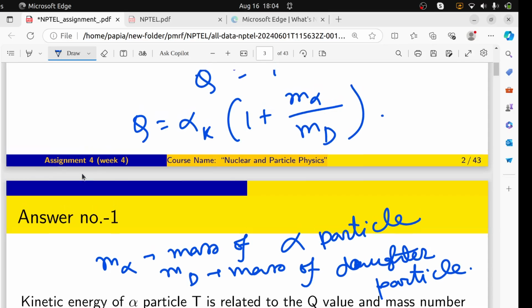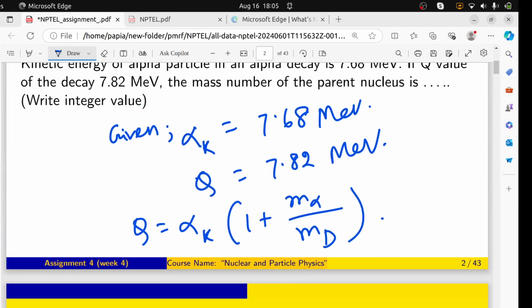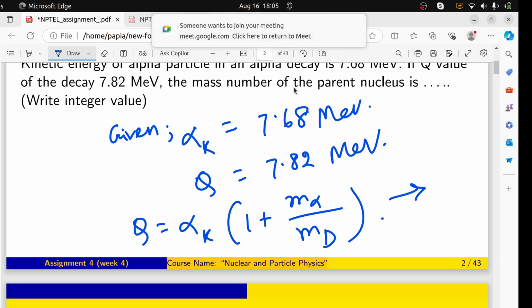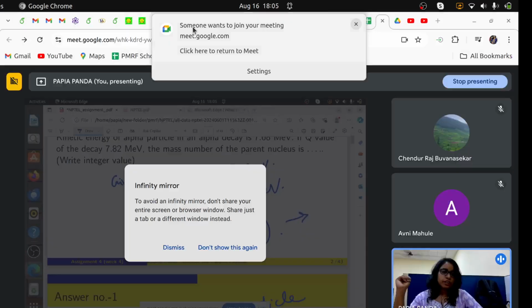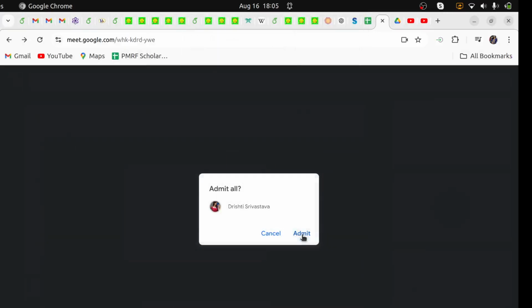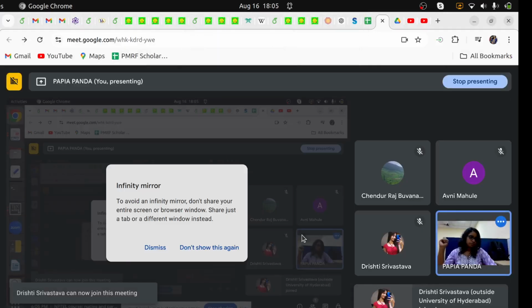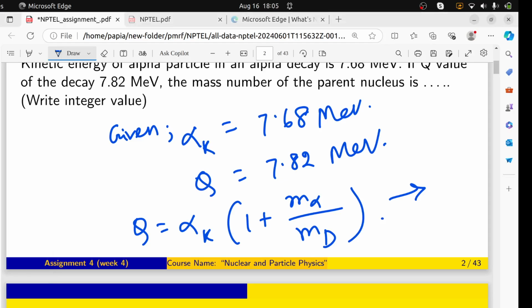So this is the expression for calculating the Q value. Here they are asking what the mass number of the parent nucleus will be.